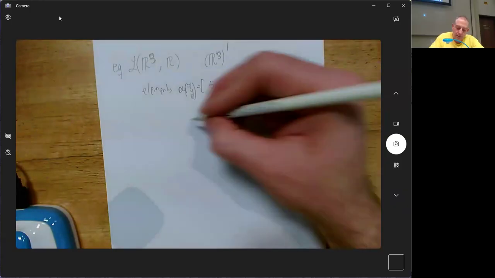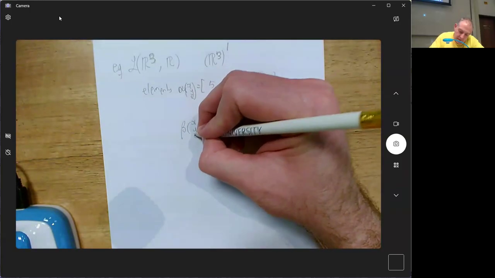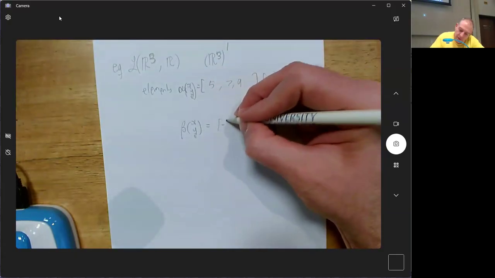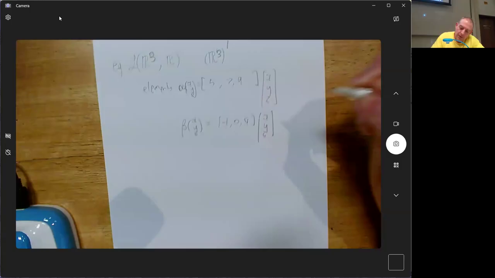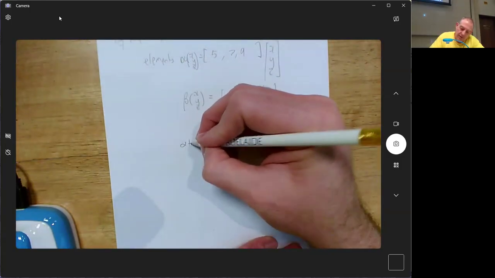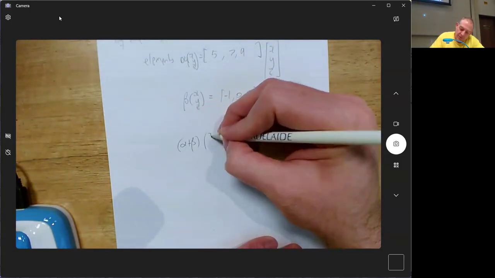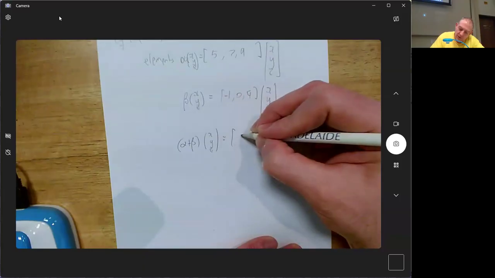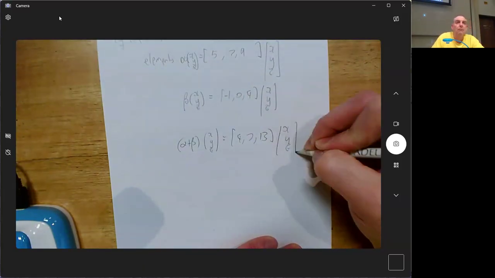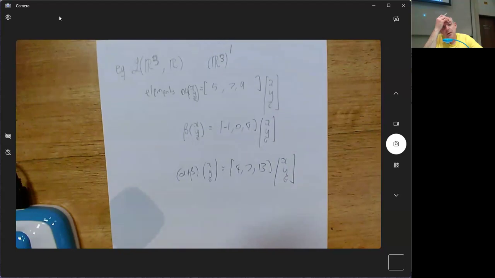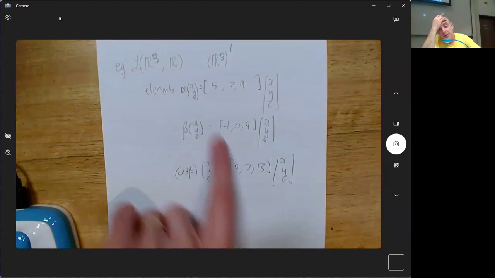And then beta of x, y, z might be like minus 1, 0, 4. And so alpha plus beta of x, y, z would just be like 4, 7, 13. And so this is hinting at the theorem that's coming.